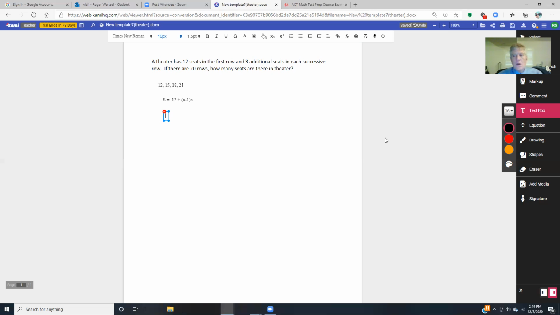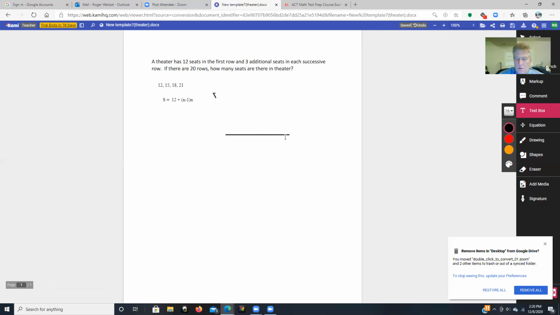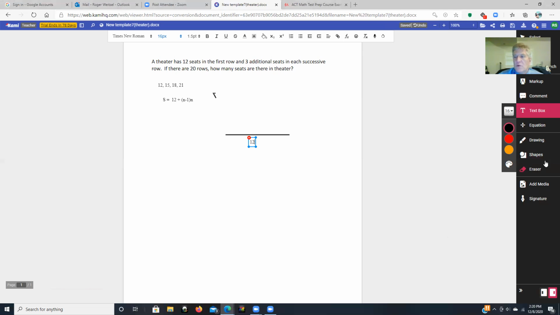So I was going to just draw a little visual representation of this. What we have is the first row here, and in the first row, we have 12 seats. And then as we go back, we have more seats.